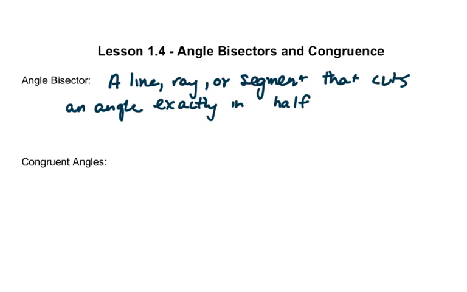So let's say we've got an angle, and then there's this other ray that goes through it, and suddenly they tell us that this and this have the same number of marks on them, so those two are equal angles. Cuts it into two equal angles.